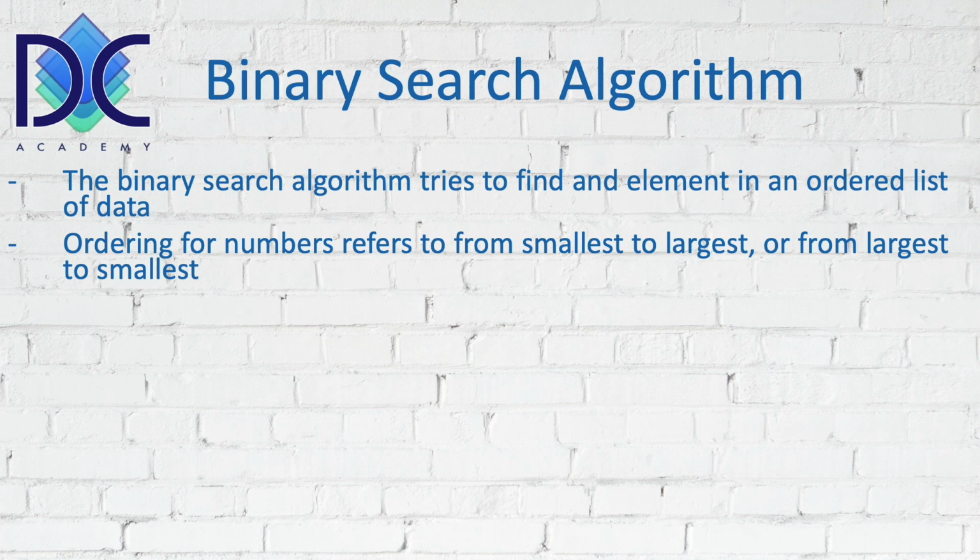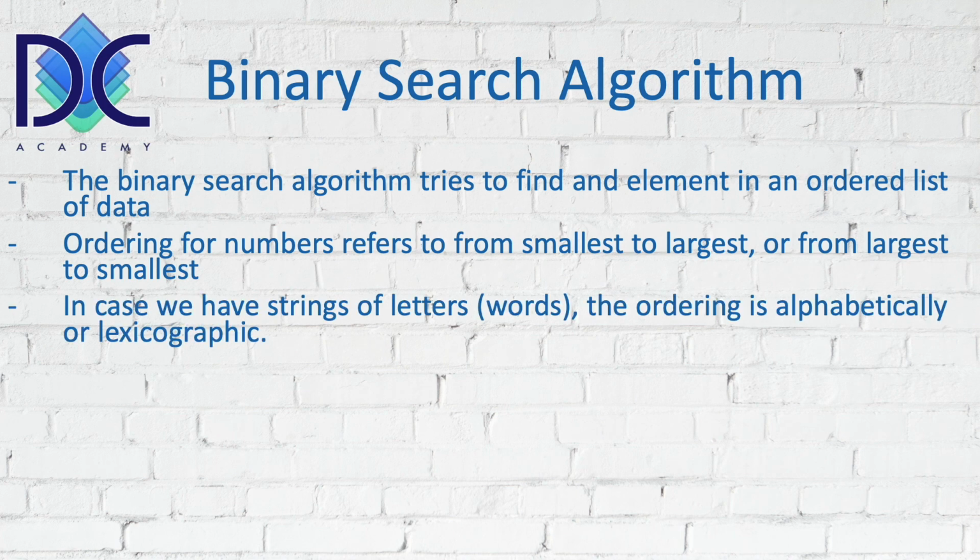Now you have to be careful how you order things. When we have numbers, typically it's from largest to smallest or smallest to largest. Numbers are okay. When we have strings of letters like words, we typically order alphabetically, or what we call lexicographic.